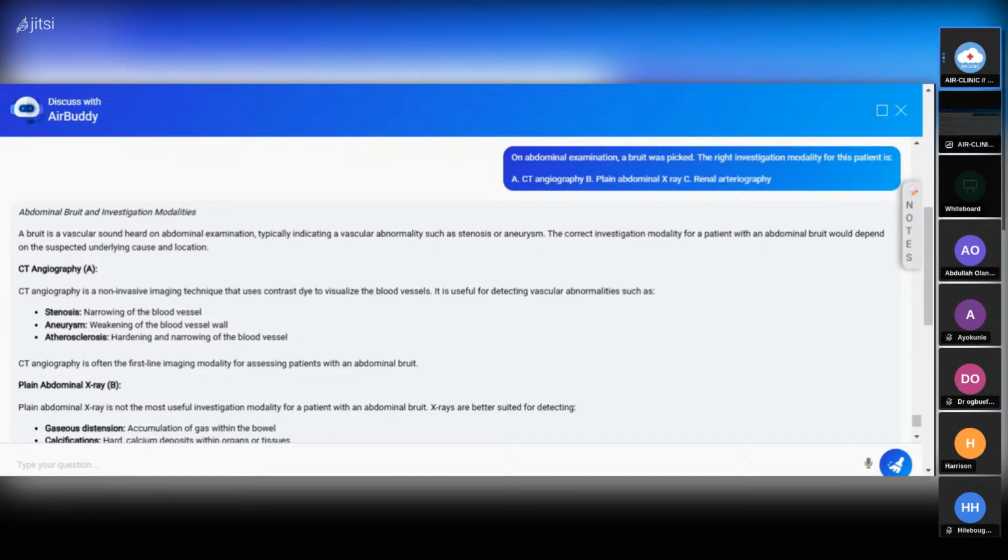Okay, which of the following is not mediated by the dorsal column medial lemniscus pathway? Vibration, fine touch, crude touch, two-point discrimination.